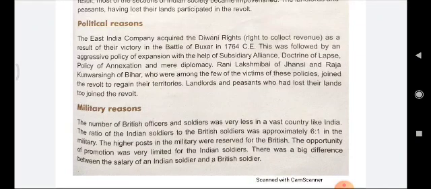This was followed by an aggressive policy of expansion with the help of subsidiary alliance, doctrine of lapse, policy of annexation and mere diplomacy.